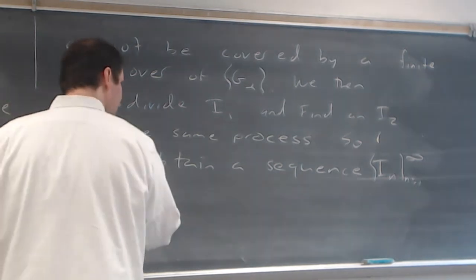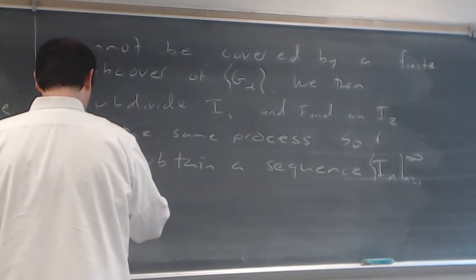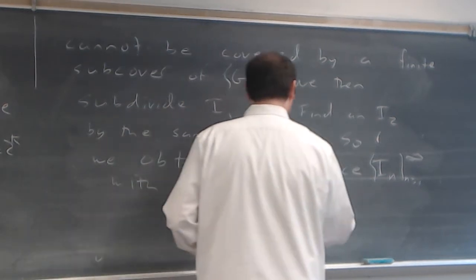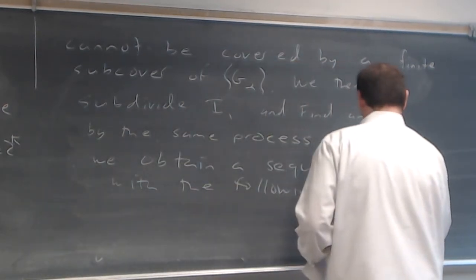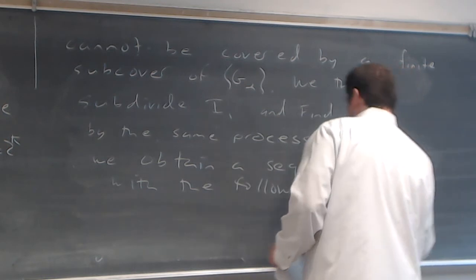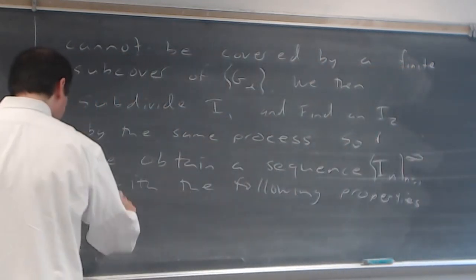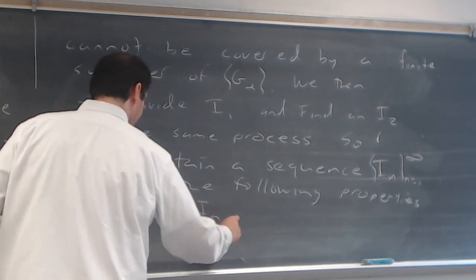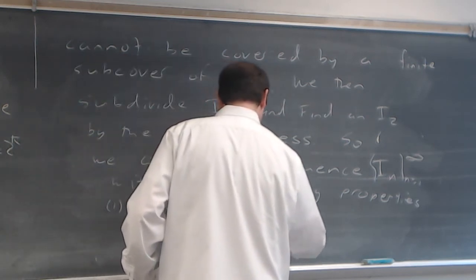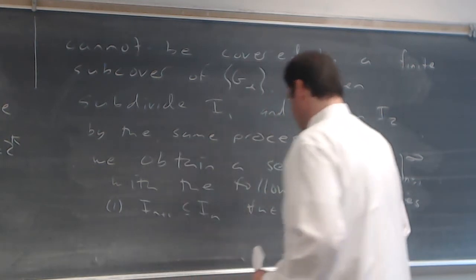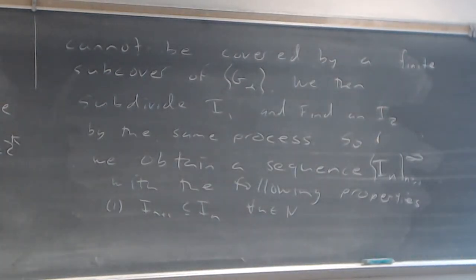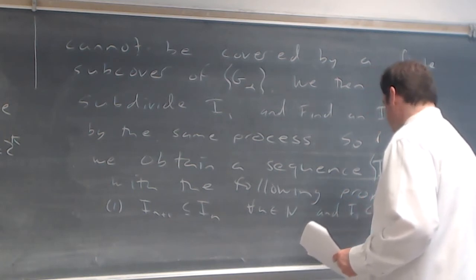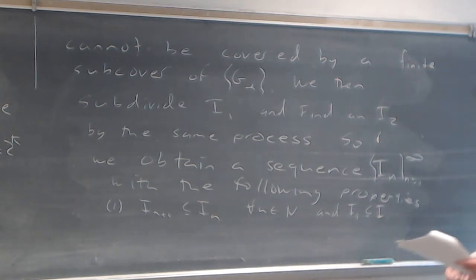And here's two of them that I'll write down. The first one, A, is that I sub n plus 1 will be contained in I sub n. That's true for all n an element of the natural numbers, and I sub 1 is going to be contained in I itself.